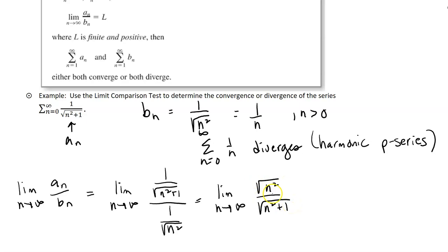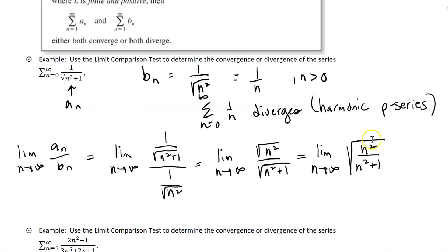And of course, this is something that you could potentially use L'Hopital's rule with, or you could observe that you have the square root of n squared over n squared plus 1, and we know that that radical can basically come outside of the limit, and because these two have the same power, this is just equal to the square root of 1 over 1, or 1.